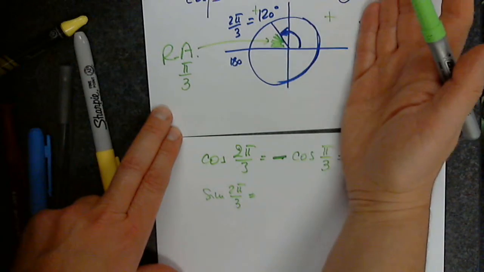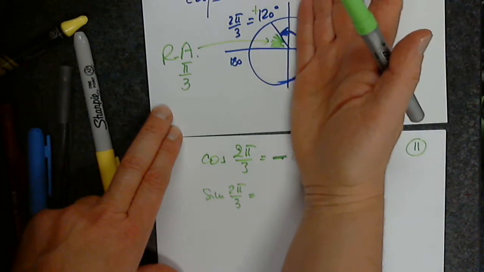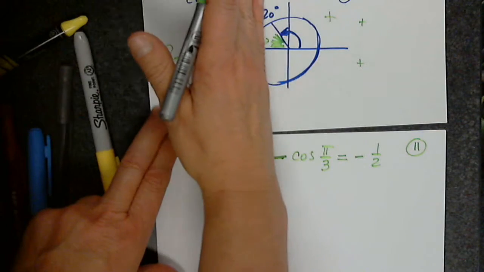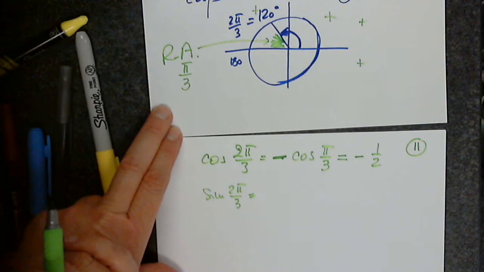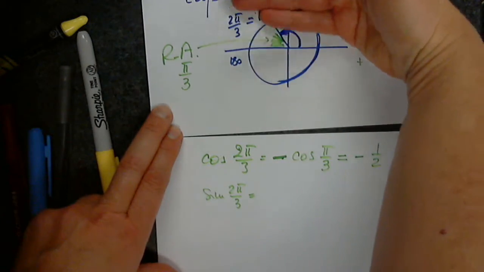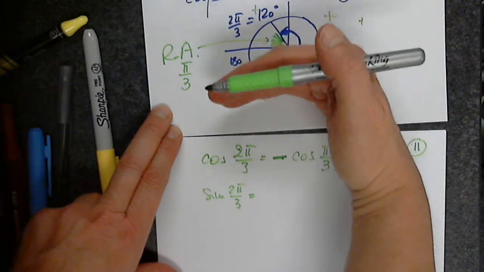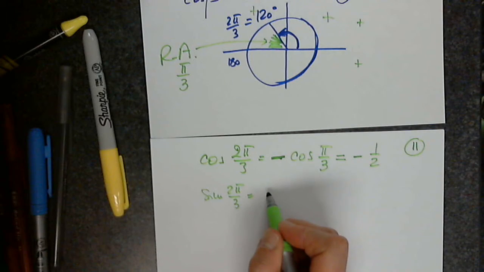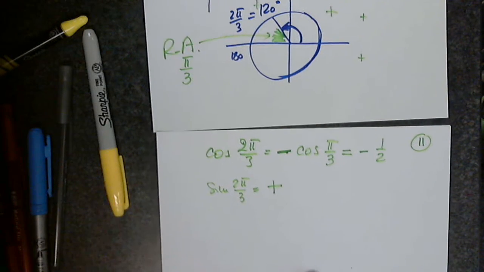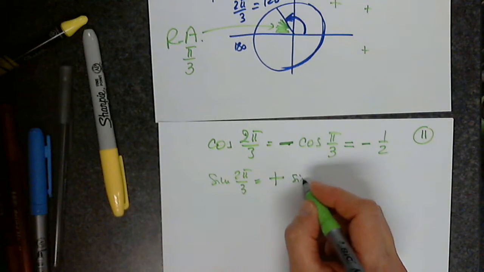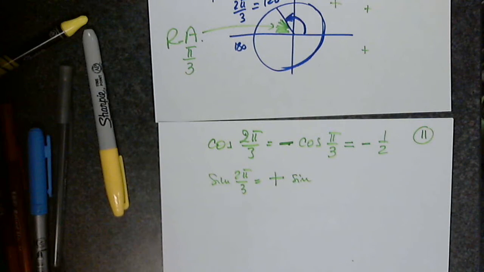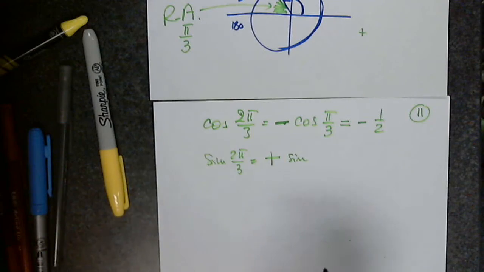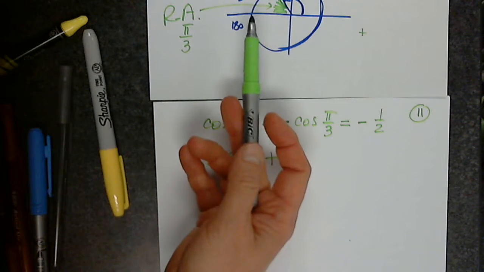Cosine is measured on the x-axis, so it will be positive on this side and negative on this side. Sine is measured on the y-axis, it will be positive above and negative below. So sine 2 pi over 3 will be positive, and it will equal sine of which angle? Same angle, reference angle, pi over 3.